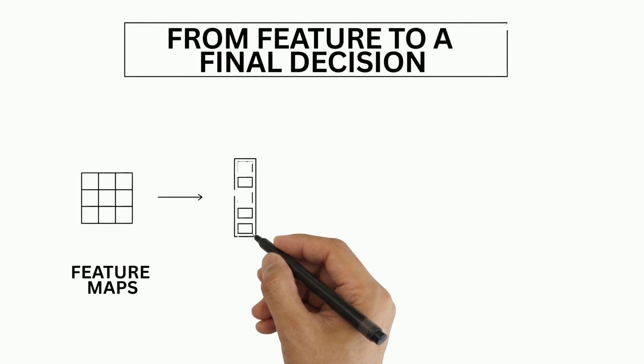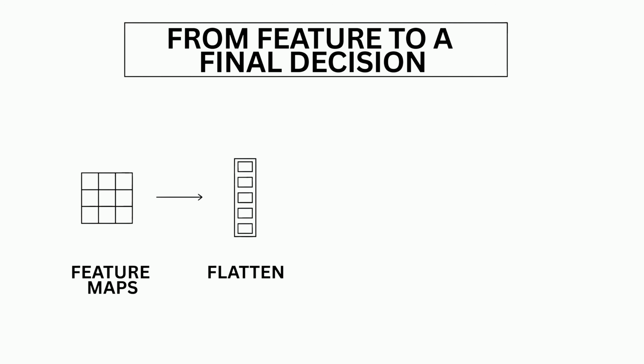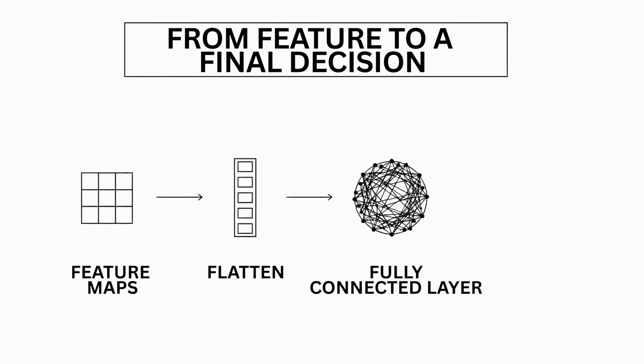Once the image has been reduced to a small set of high-level feature maps, the CNN flattens them into a single long list of numbers. That list feeds into one or more regular fully connected layers, exactly like the ones from our earlier neural network video. And these layers combine all the detected features to make a final decision.